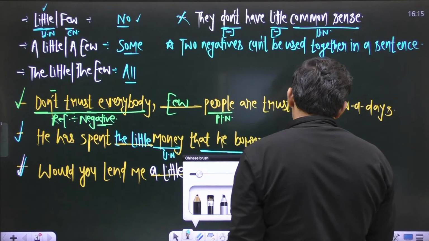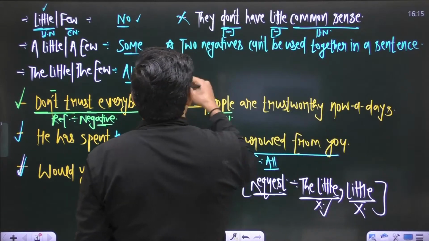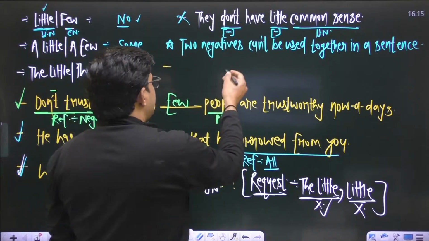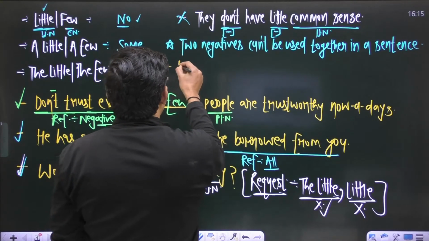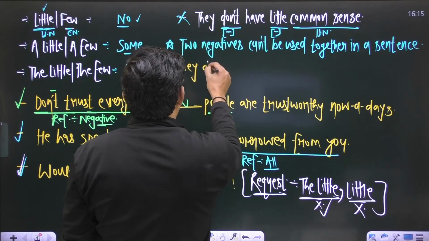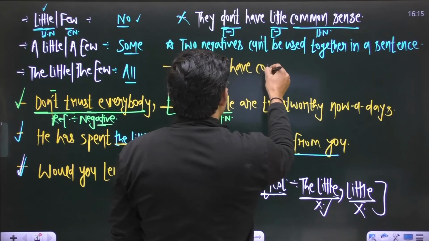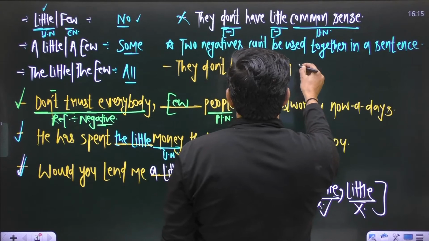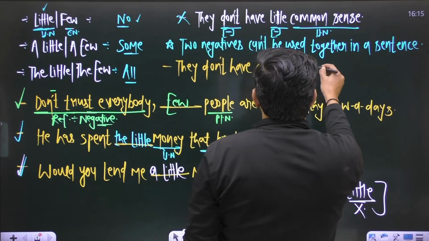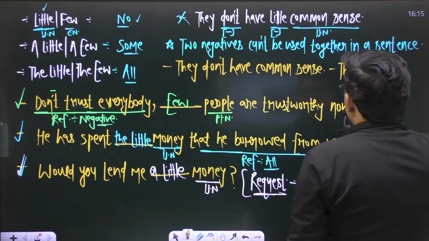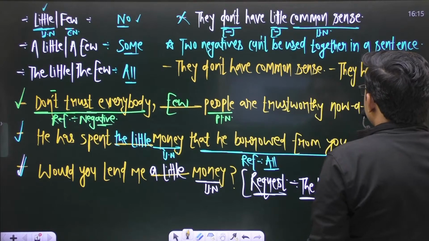We can make this sentence accurate in two different ways. Either you say "they don't have common sense", or you can say "they have little common sense".